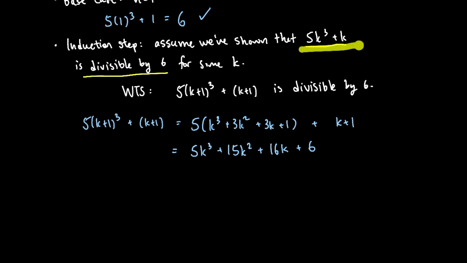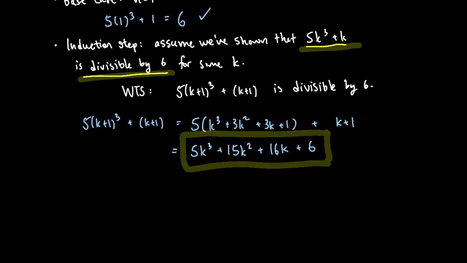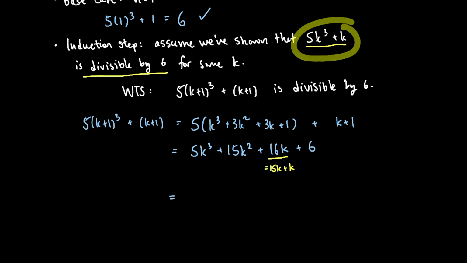Okay. Now I need to figure out how to use this induction hypothesis here. That 5k cubed plus k is divisible by 6. How can I use that? Well, somewhere in this expression, I can take out a 5k cubed plus k. And so there's my 5k cubed, and I can borrow a k from this 16k. I can write this 16k as 15k plus a k that I'm going to borrow. Okay, and all that just to make sure I can get a 5k cubed plus k in my expression.